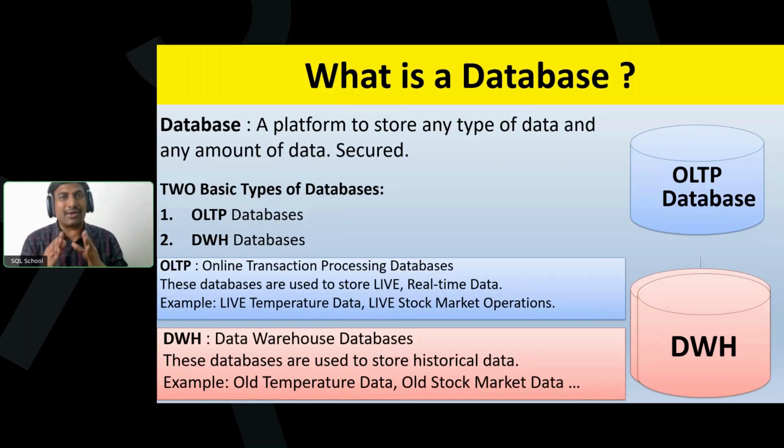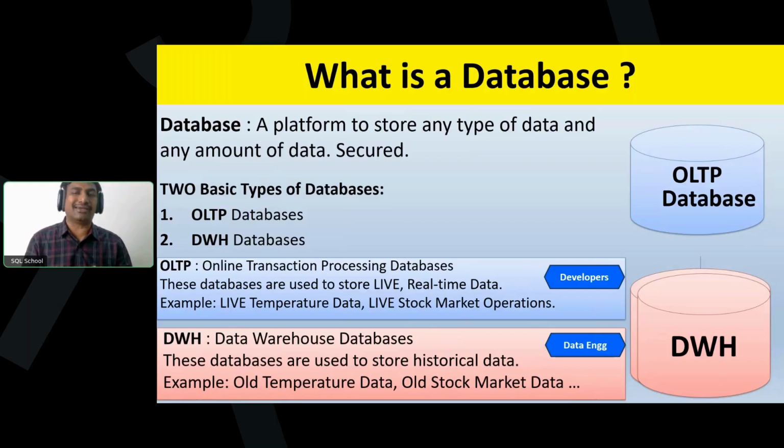OLTP stands for online transaction processing databases, which are live. And number 2, our main friend from our next class tomorrow, data warehouse, DWH, to store the historical data, inactive data, aggregated data, or any data we need for analytics and reporting.